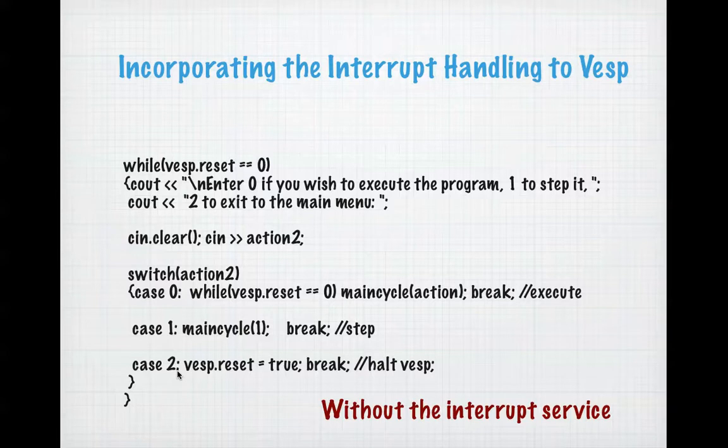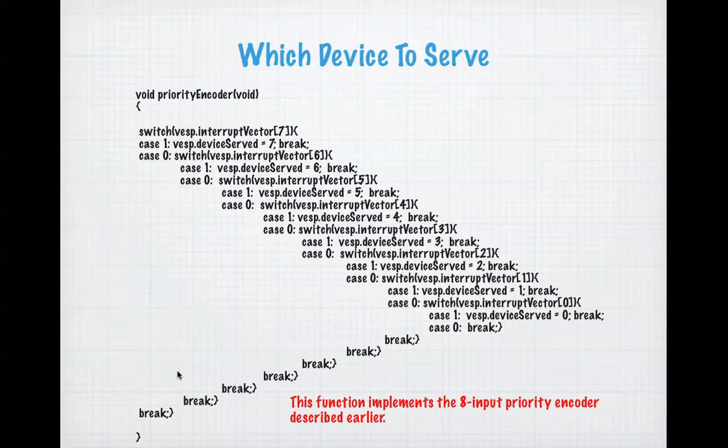So now we have to put that in, which is to say we need to get some modification inserted into this process so that our loop allows us to do an interrupt service. Now, how would we go about doing that? We would go about doing that by simply picking which device to serve, which is really given by this process. That means we have something called VESP interrupt vector, which has to be updated every time, or just before we look at it.